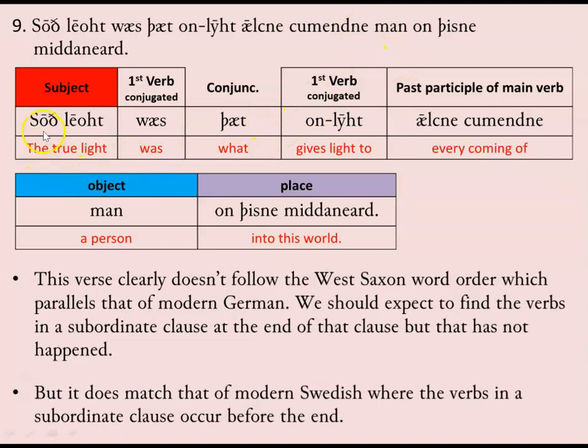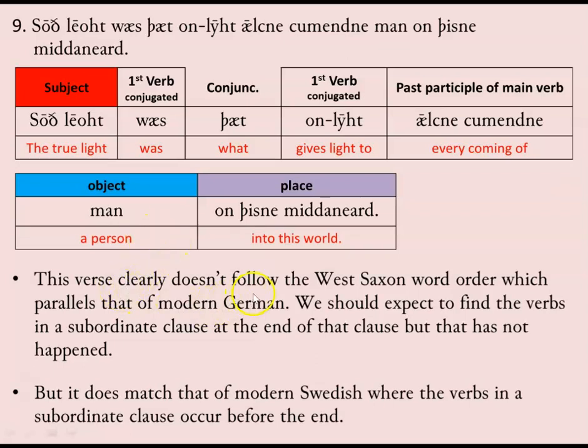So it says here, Sothlecht was that on lucht alchne kommende man on thisne midden erd. Okay, so the true light was what gives light to every coming of a person into this world. Man means person. It doesn't mean male person. It means general person, male and female.